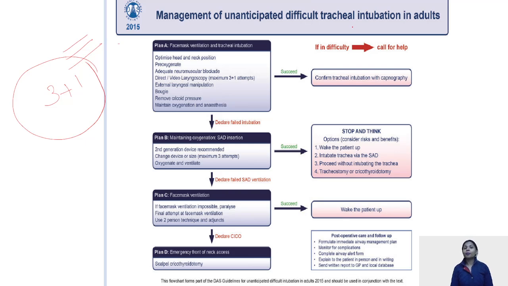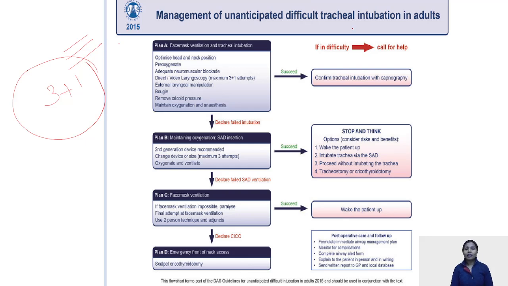Then you can give a BURP to the patient. You can maintain the pressure over the thyroid cartilage. If intubation is successful, confirm it via your ETCO2, that's capnography. But if it fails after 3 plus 1, please change to plan B.